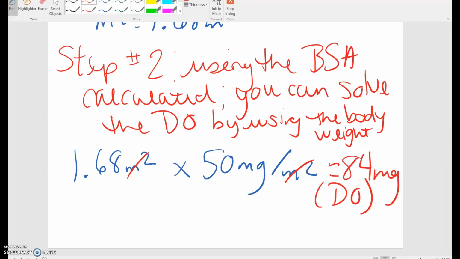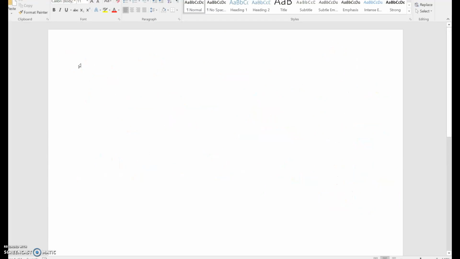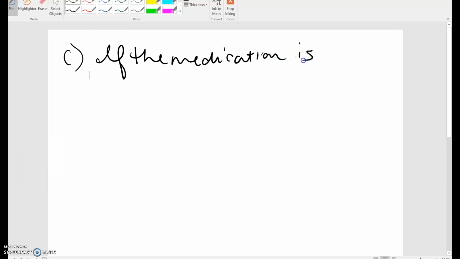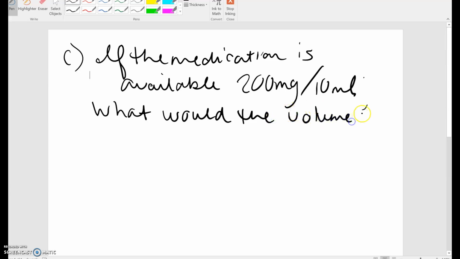Okay, so the next question within example 10-6 is proposing to us that if the medication is available in 200 milligrams per 10 milliliters, what would the volume be?